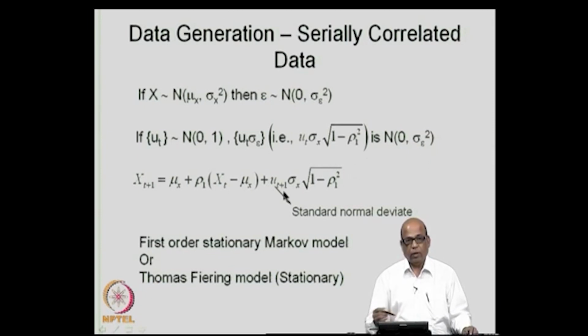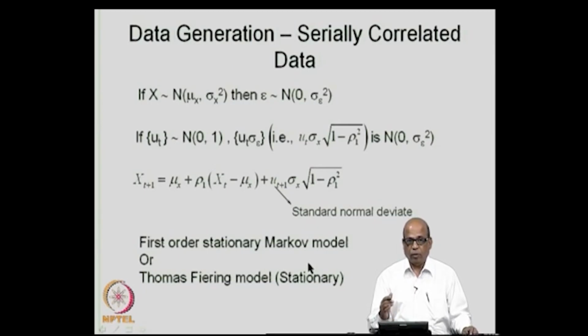What is this u t plus 1? It is a standard normal deviate or the standard normal random number, which I repeat, is a random number which follows the standard normal distribution, which is 0 mean and unit variance. The model we thus write is called the first order stationary Markov model.